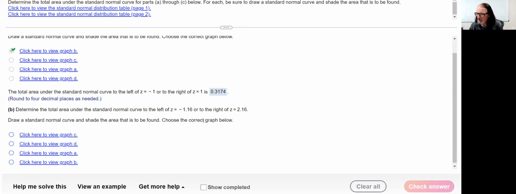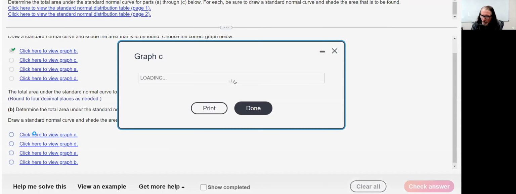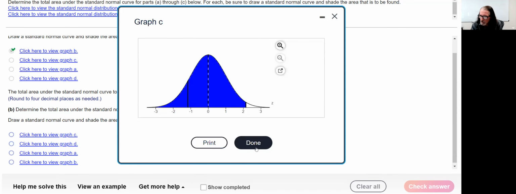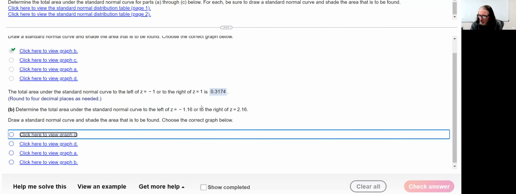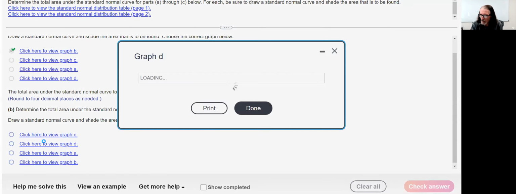Now, to the left of -1.16, or to the right of 2.16. It's definitely not that one. It looks to be going just left of 2.16. We want to the right of that and also to the left of negative 1.16.